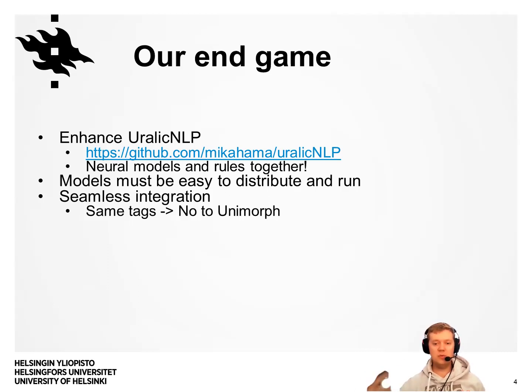They have to be super easy to distribute, super easy to run, and there has to be a seamless integration with what we have already, which means that the tag sets should be the same as what we have in the Giella system. We cannot use, for example, UniMorph, because the tag set is completely different, and the complexity of the morphology is completely different from what they have in UniMorph.